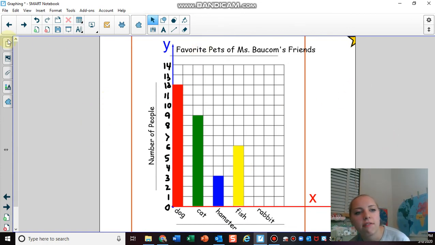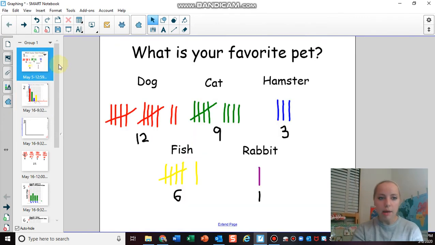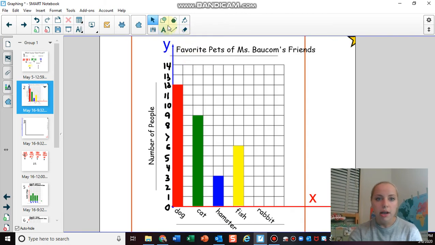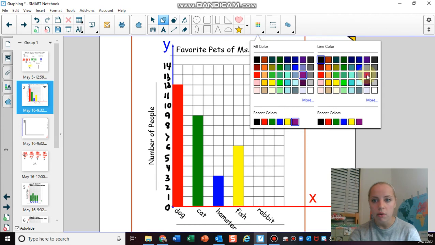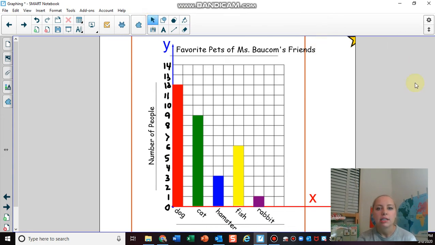Finally, back to our data chart, we see that rabbit got 1 vote, so we make 1 vote for rabbit. Now you can see our bar graph is finished.